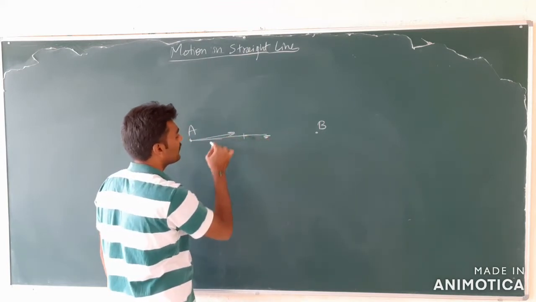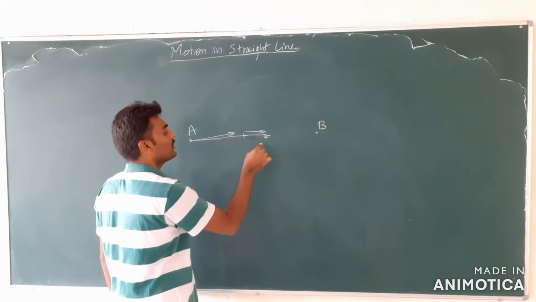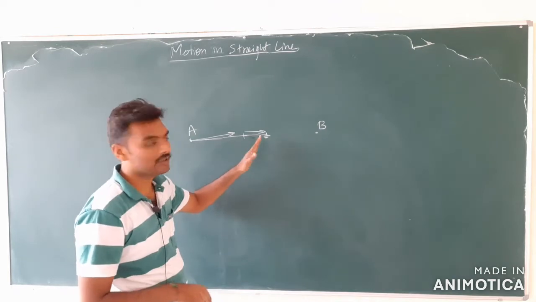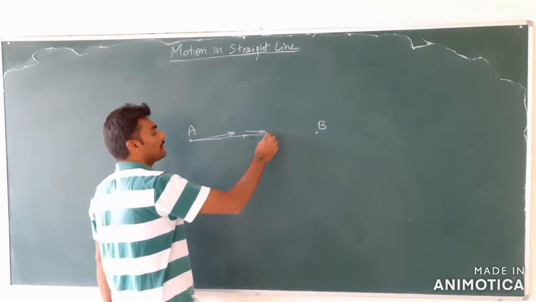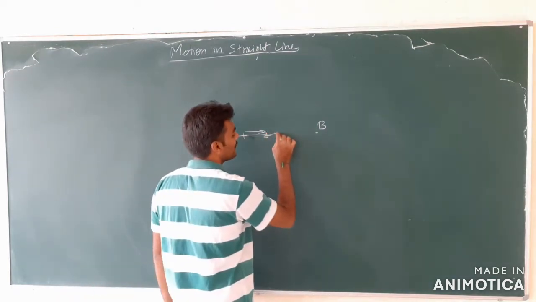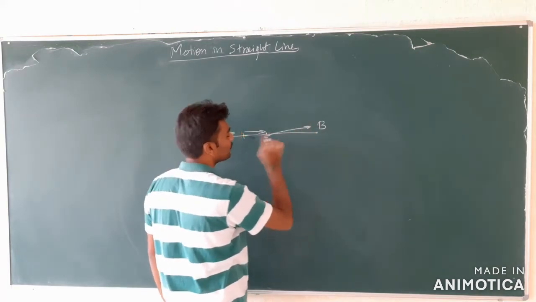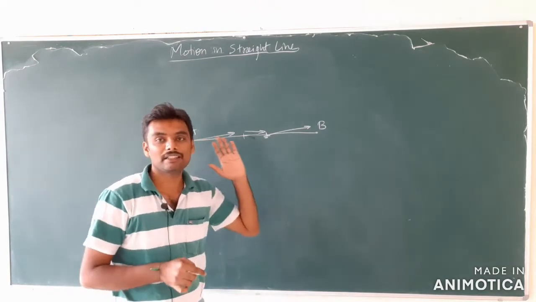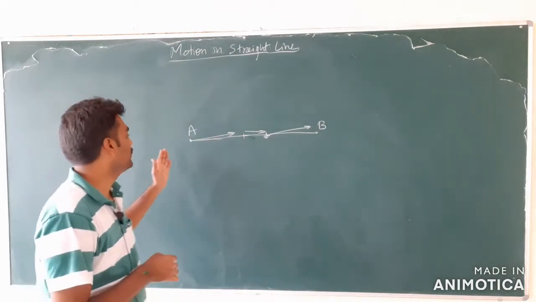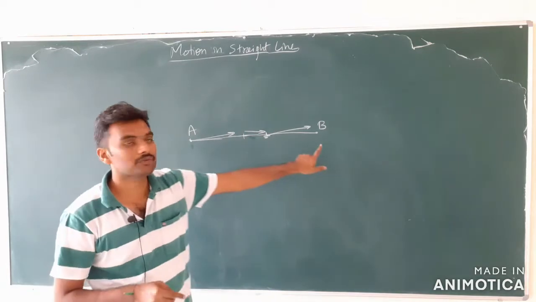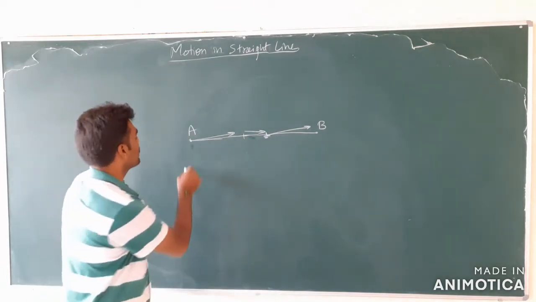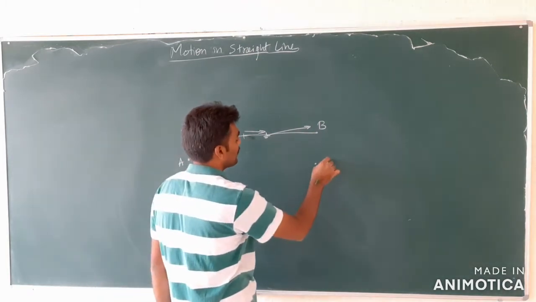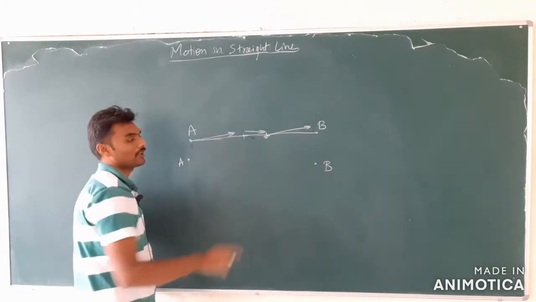Here increasing speed, decreasing speed, it comes to rest at a certain point, and once again it starts to increase its speed and reaches B. This is the variation that is happening in the speed or velocity of the body while it is traveling from A to B.